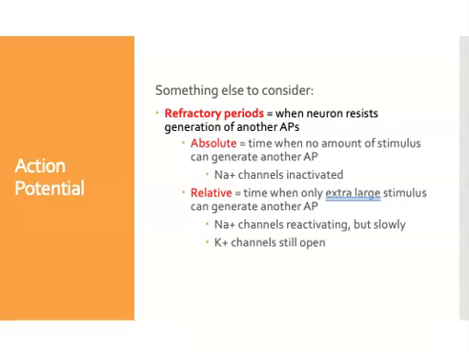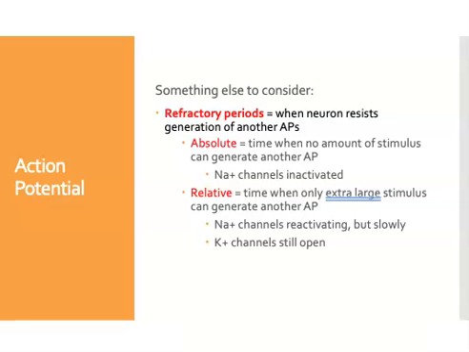There are what we call refractory periods during an action potential. There are two refractory periods. And what we mean by this word refractory is that the neuron is going to be resistant to another action potential being generated.